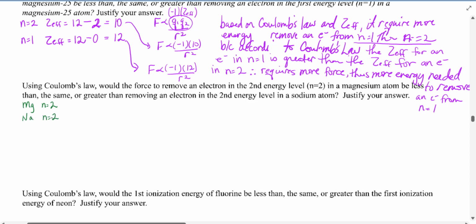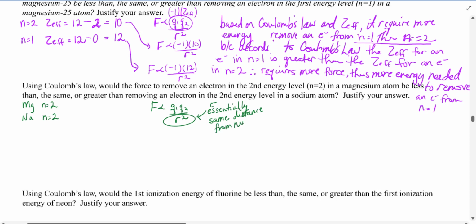Okay, and Coulomb's law is force is proportional to Q1, Q2 over R squared. Just as a heads up, these both come from energy level 2, so our R is essentially the same distance. It's not, but as far as justification is concerned, electrons are essentially the same distance from the nucleus.